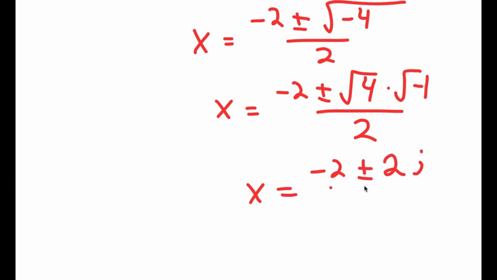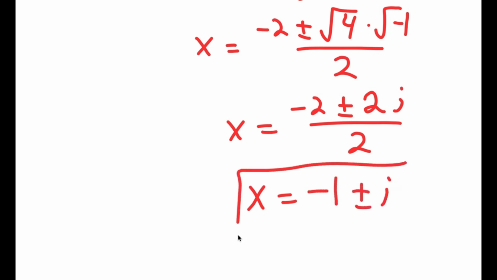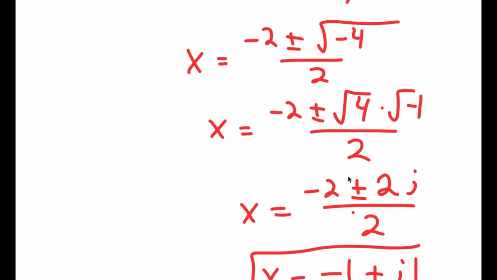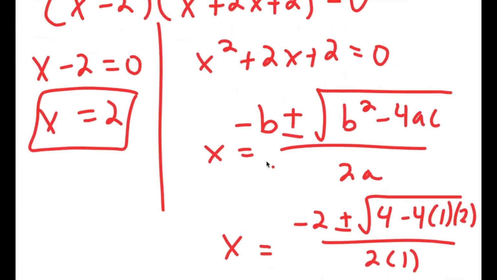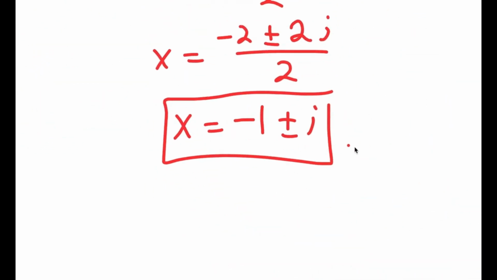The square root of negative 1 is the same thing as i, over 2, which is the same thing as negative 1 plus or minus i. So my three solutions to the equation are x equals 2, x is equal to negative 1 plus i, and x is equal to negative 1 minus i.